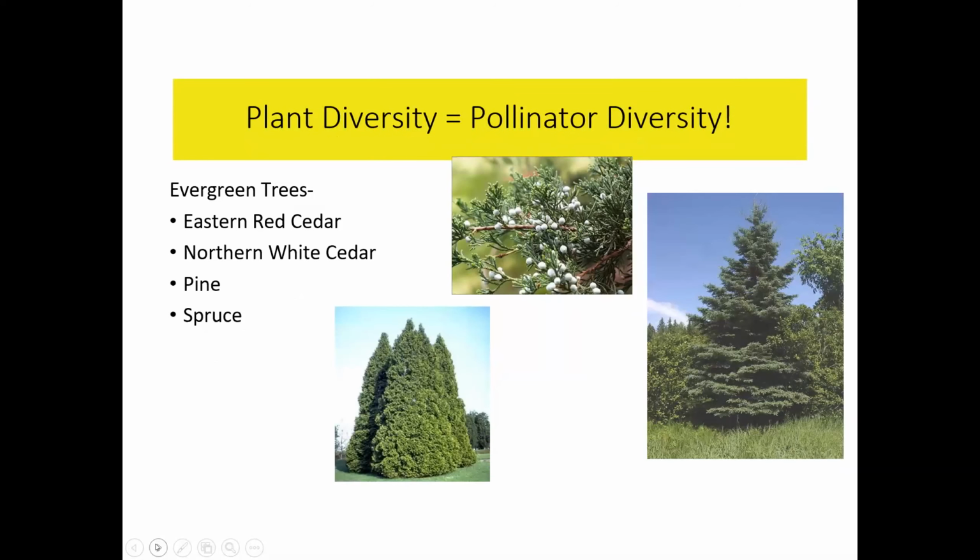Evergreen trees are good, not necessarily as food plants, but as shelter because they're often very dense. So eastern red cedar, or sometimes known as juniper, northern white cedar, also known as arborvitae, pine and spruce, all provide shelter for pollinating insects.